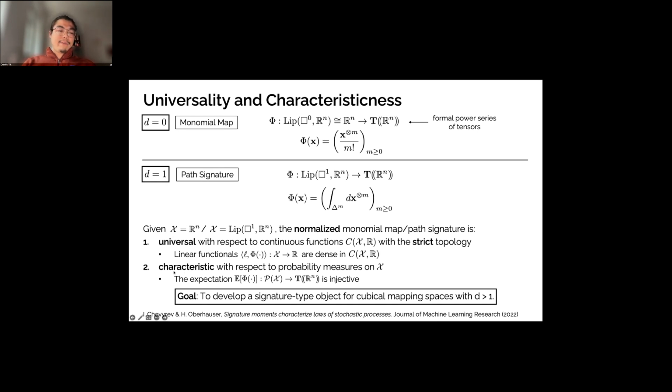And characteristicness says that the moments of a compactly supported random variable completely characterize the measure. And the extension to the whole space Rn, and to this path space setting, was proved by Ilya and Harold in their recent paper.